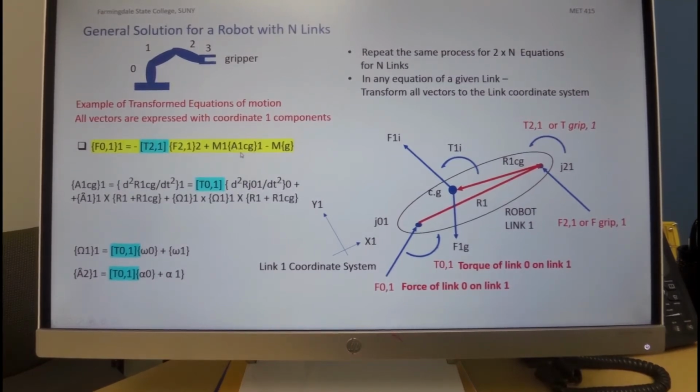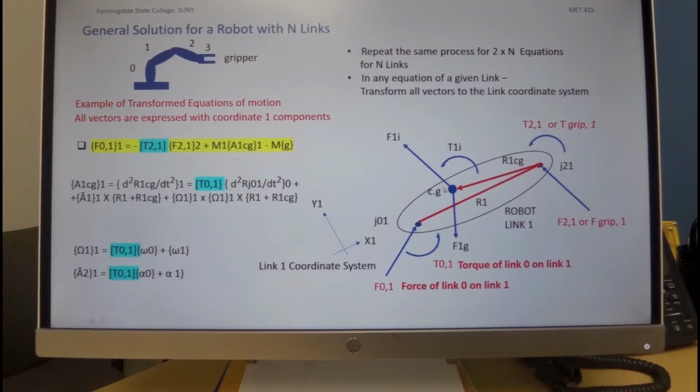Now we have here an absolute acceleration of the CG, and this also must be in coordinate system 1. But when we look at its expression, we can see that the absolute acceleration of this point is equal to the absolute acceleration of a reference point, and let's call this joint 0,1.